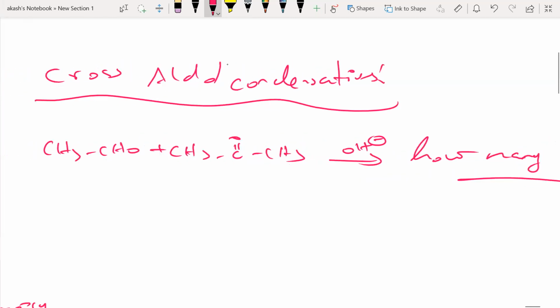Tell me. If I take these two, I'm taking 1 mole of this and 1 mole of this. Okay, right? So tell me how many products can be possible for this aldol condensations?